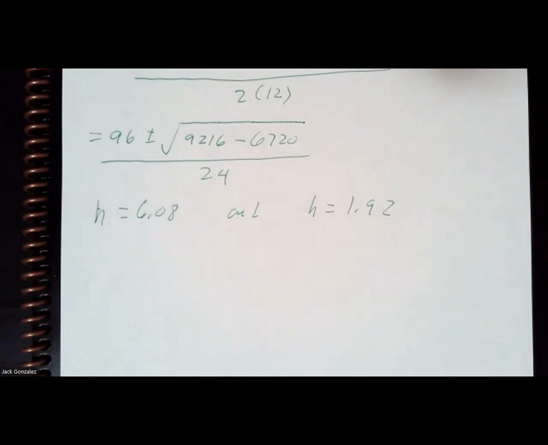So we need to test both of them and figure out which one is the maximum and which is the minimum. And we want the maximum, what did we say? We want the height that gives you maximum volume.